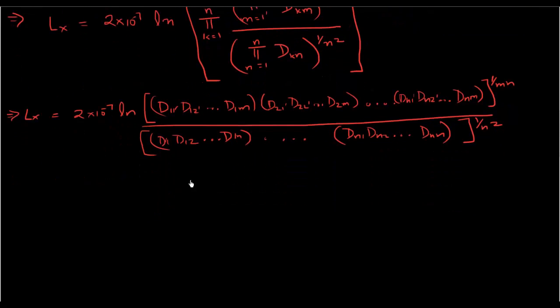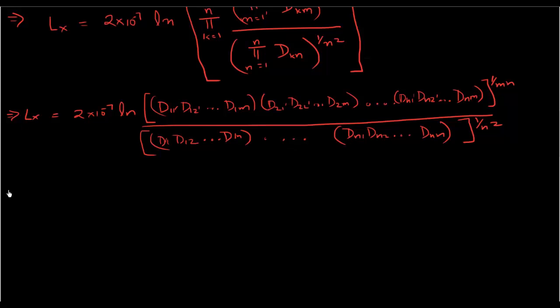So that's your Lx value. This top term here is called the geometric mean distance, GMD, and the bottom term in the denominator is called GMR, the geometric mean radius.